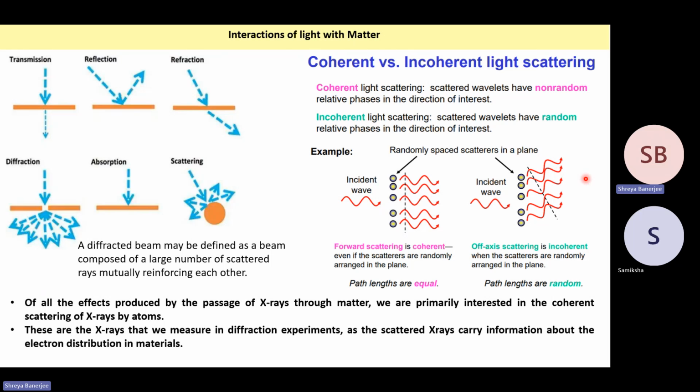The path length is different. They are cancelling, they will interfere with each other in a destructive manner. So we are not interested in incoherent light scattering. We are mainly interested in coherent light scattering, because they will interact in a constructive way and give rise to better diffraction patterns.